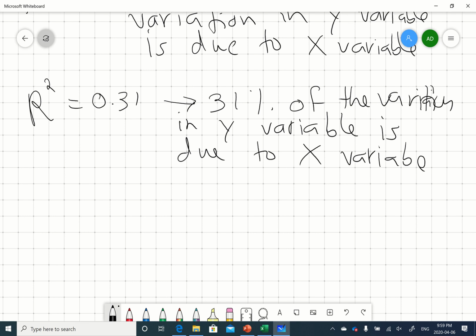So this is a good example of the mileage versus selling price. Sorry, my bad, let me take that back.